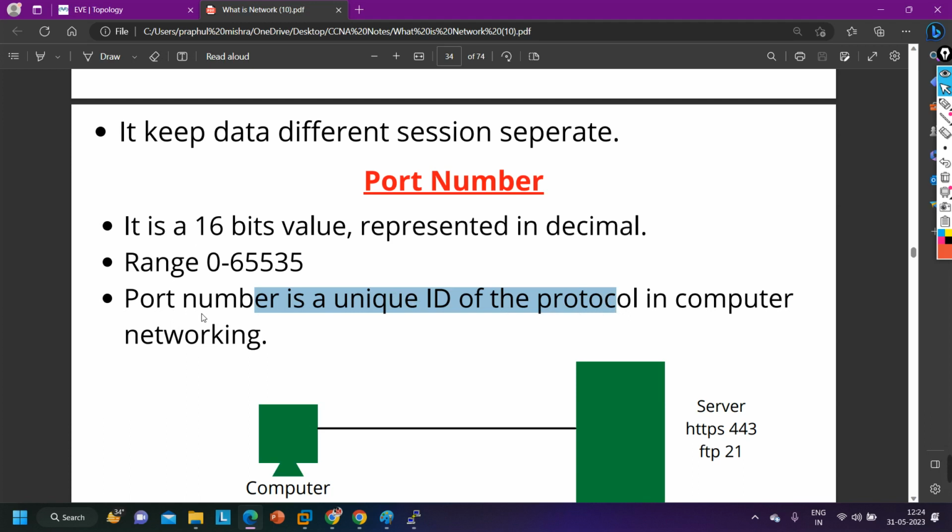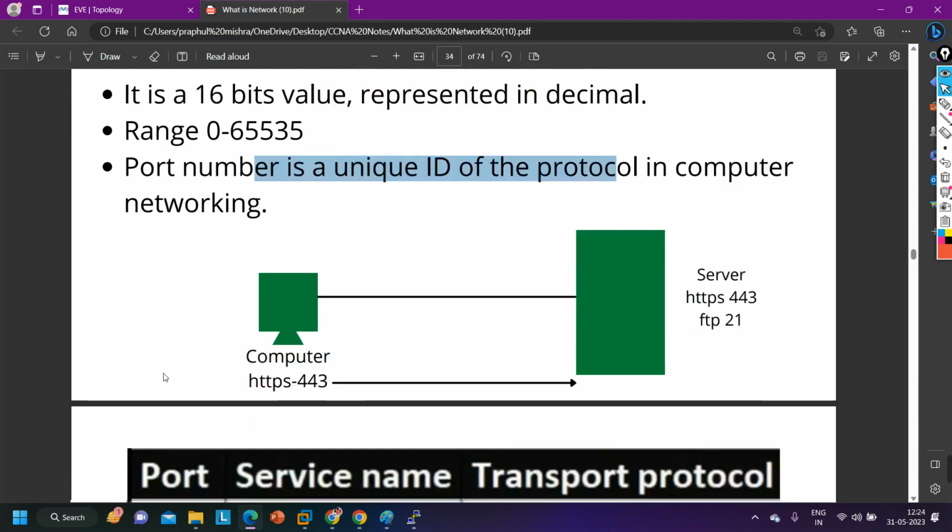All the protocols which work above the network layer, like protocols at the transport layer and application layer, use one port number to identify the services. Like if you are sending a request on port number 443, the Google server will come to know that it wants to access the 443 service, and 443 service is nothing but a web page. Okay.